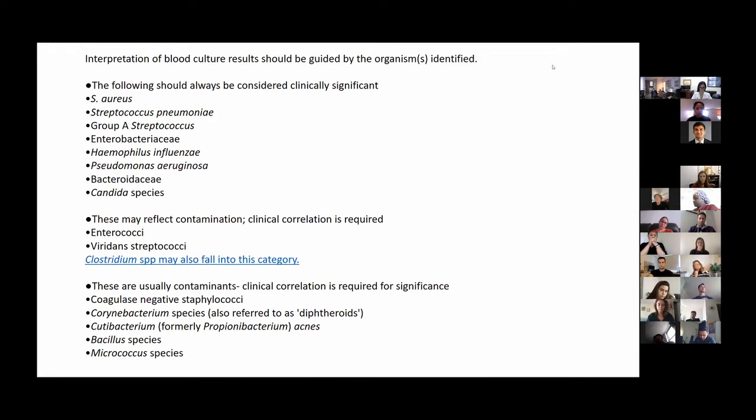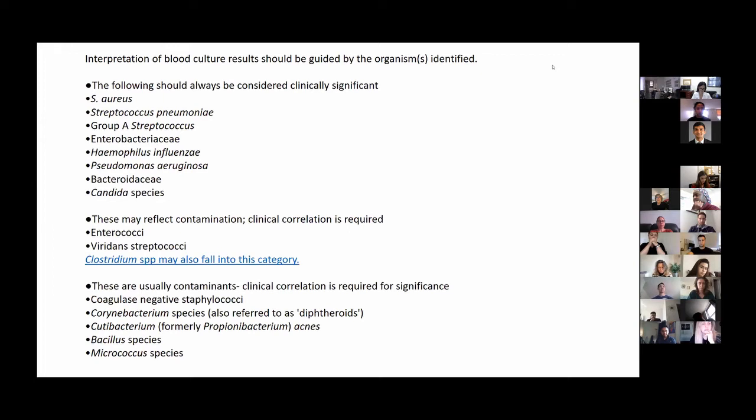And in fact, if it's community acquired enterococcal bacteremia with no focal findings, it is one of the Duke's major criteria for endocarditis. And Clostridium is another one that you have to kind of judge what the clinical picture is, whether it's real or a contaminant. And then the last category are almost always contaminants.